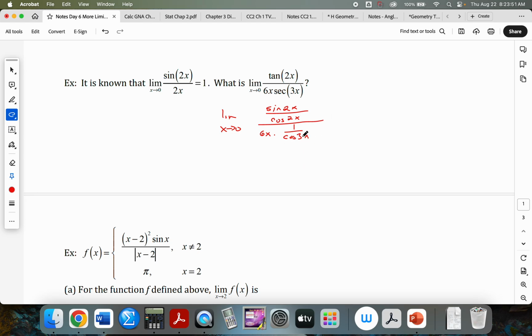In fact, since this part goes to 1, I can just replace it with 1. So that'll be nice, and then I'll multiply everything by cosine of 2x over cosine of 2x. So this will be the limit as x goes to 0 of sine of 2x over 6x times 1.